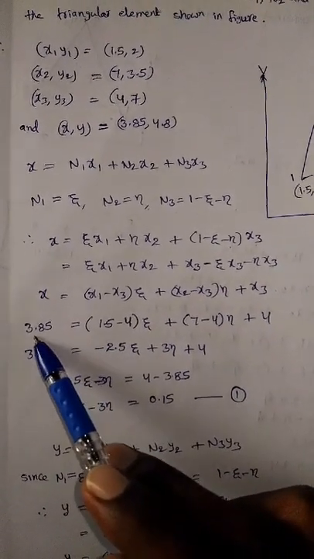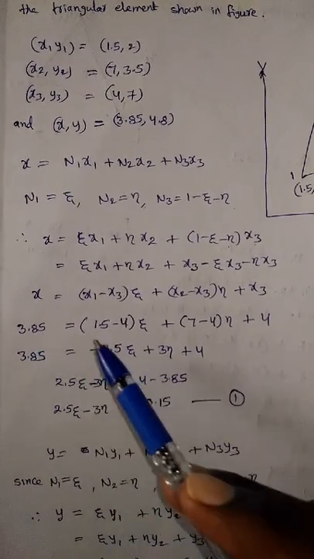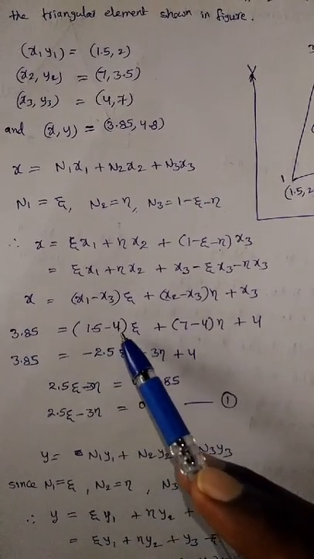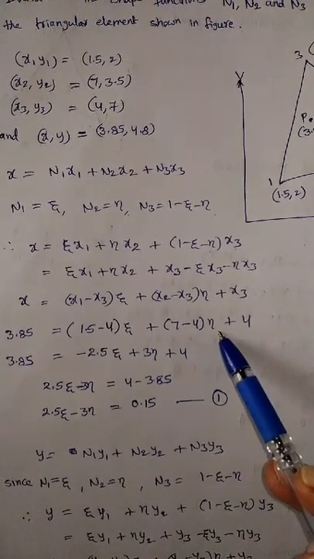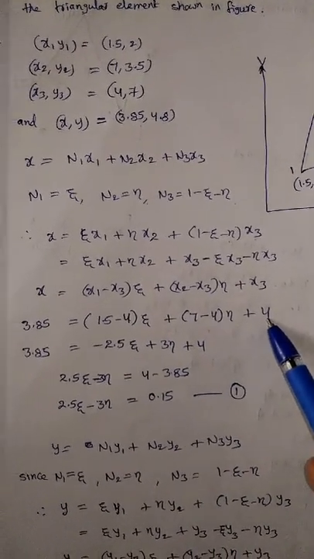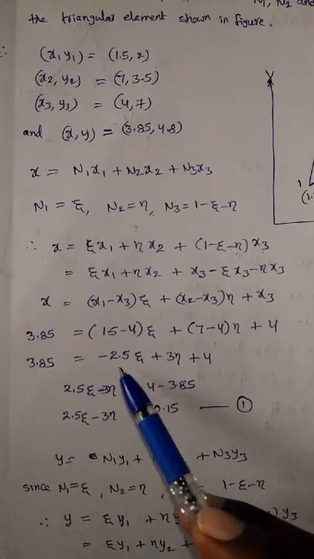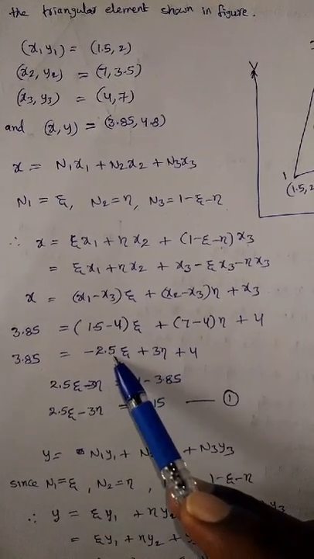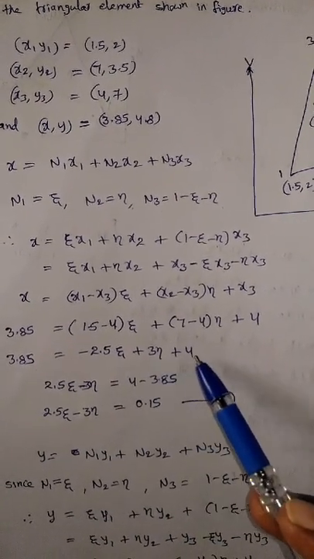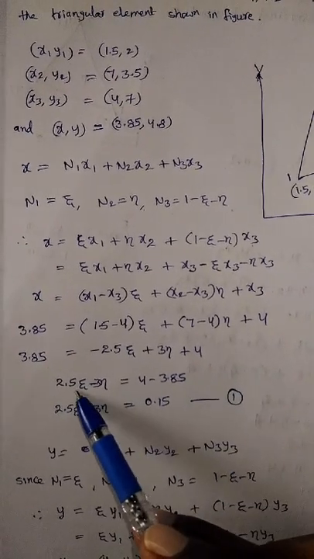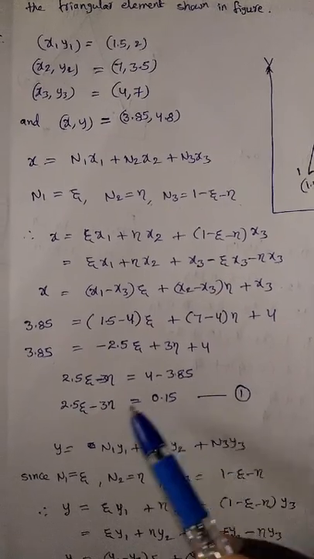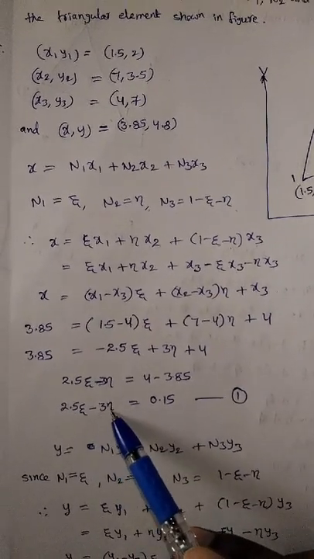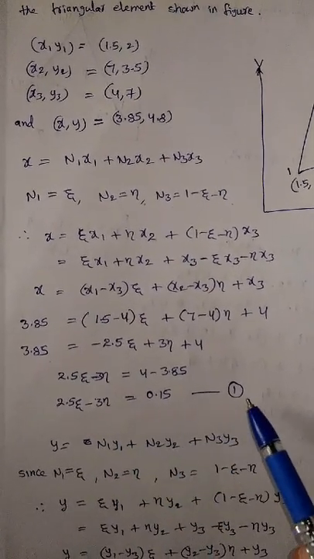Substitute all values: x value 3.85, x1 is 1.5 minus 4 times xi, plus 7 minus 4 times eta, plus 4. Therefore 3.85 is equal to minus 2.5 xi plus 3 eta plus 4.